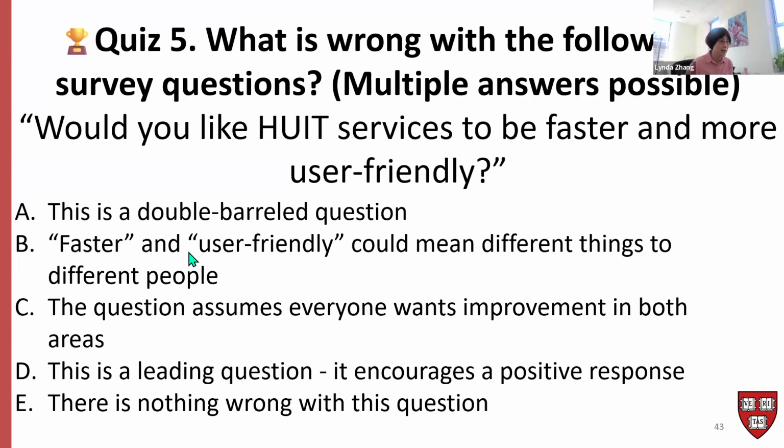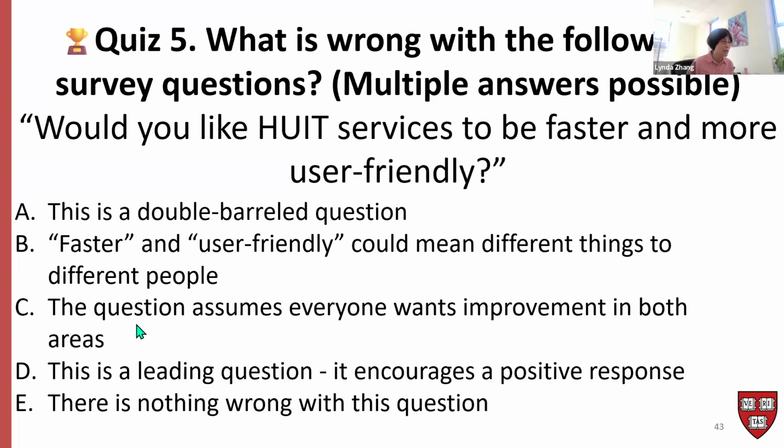And choice B, faster and user-friendly, could mean different things to different people. That is also true. Whether it means faster responses or faster speed in solving issues, it is not very specific. Therefore, you want to make it the same for everyone to understand it the same way. So A and B are correct.